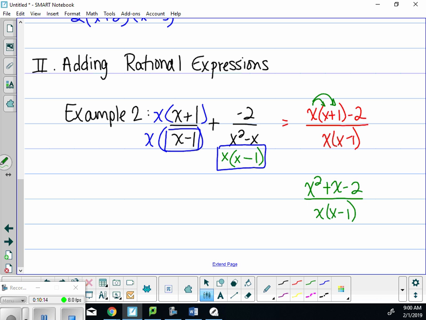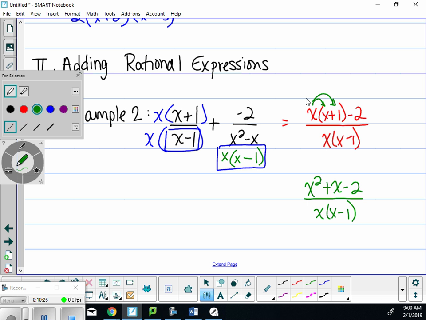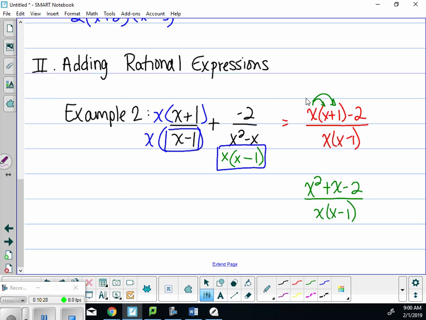So on the top, we need to do our thing that we do pretty much every single one of these problems repeatedly. Factor, factor, factor. So x squared plus x minus 2. How do we factor that?